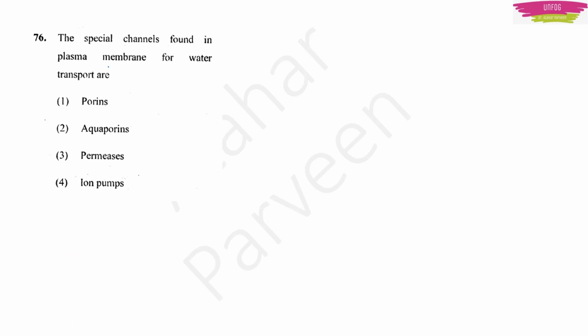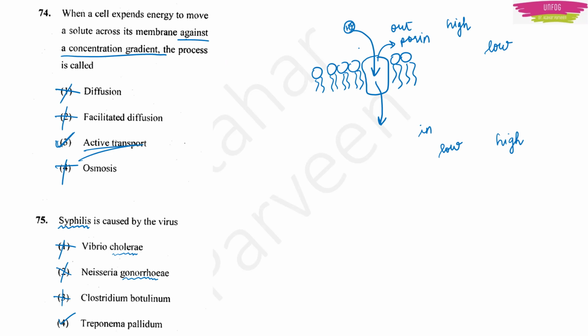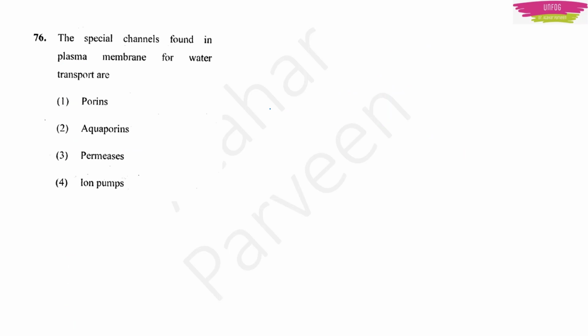Next, the special channels found in the plasma membrane for water transport are. We discussed in the previous question, right? The water molecule is transported through a protein channel called a porin. Now we have specialized channels in the plasma membrane which help in the transport of water itself.